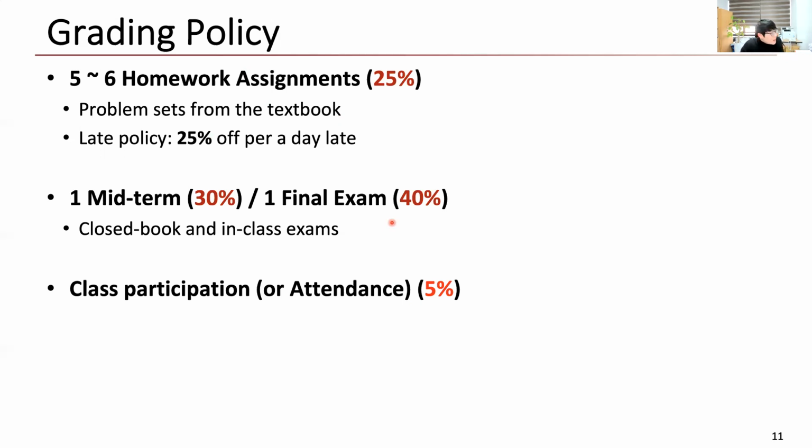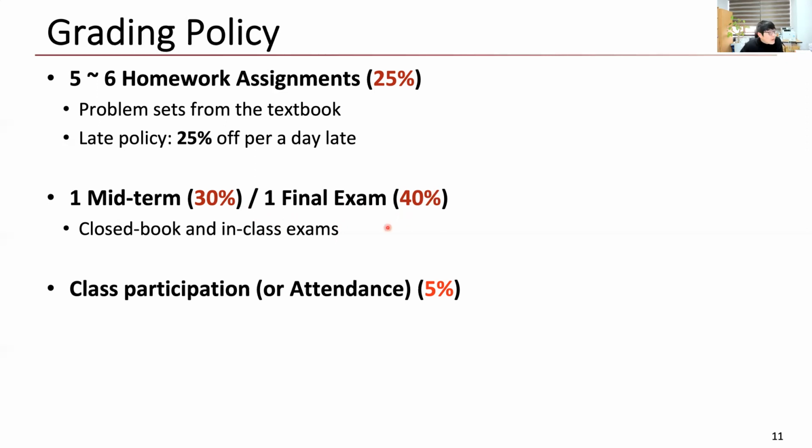Okay. And there will be the midterm and final exam. It's going to be a closed book and in-class exam, but it depends on the COVID-19 situation anyway. So you will get 30% and 40% respectively from the midterm and final exam.